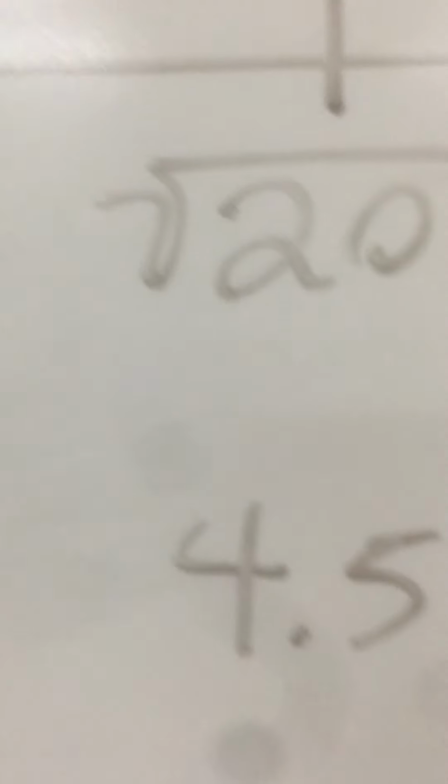So the square root of 16 is 4. Square root of 25 is 5. What falls in between 4 and 5, it really would be a 4.5. So the square root of 20 approximately is a 4.5.